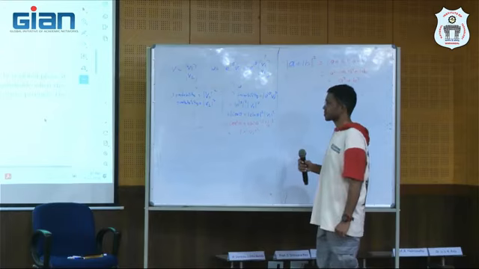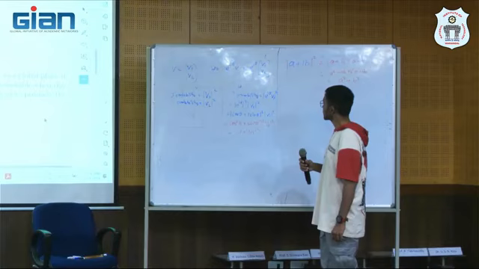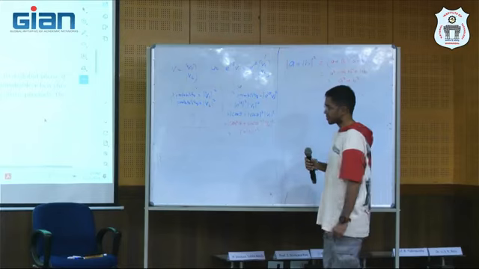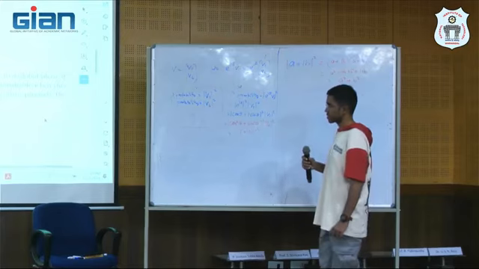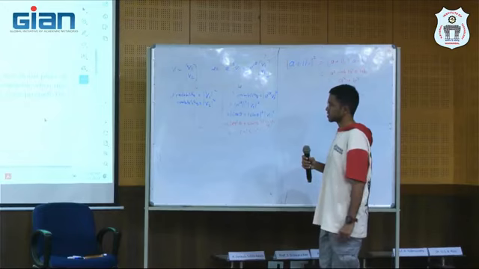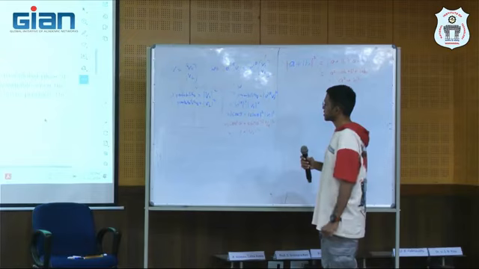If we are measuring W also, we get 0 with probability modulus V1 square and 1 with probability modulus V2 square. So we cannot distinguish between V and W if we just go ahead and measure 0 and 1. They are giving 0 and 1 with the same probability. Therefore we cannot distinguish V and W.